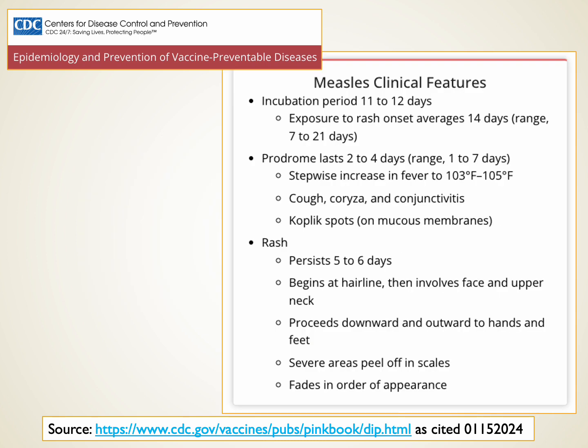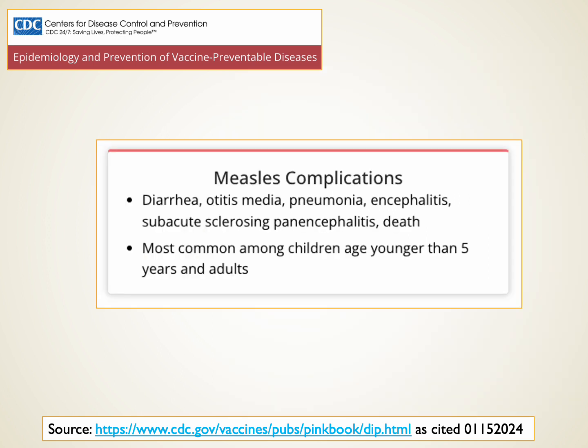Clinical features: it has an incubation period of 10, 11 to 12 days, and then you see the prodrome, with often a fever, a cough, and then a rash that persists for 5 to 6 days that begins at the hairline and starts to proceed downward from there to the hands and feet, and severe areas peel off in scales.